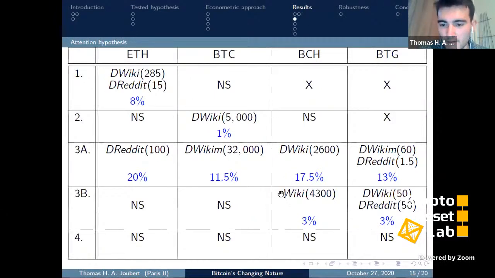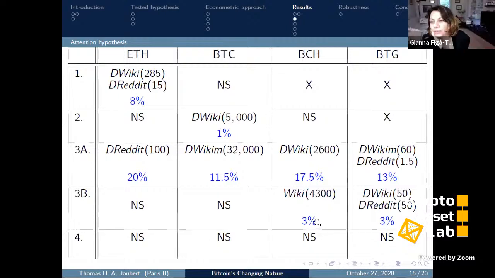So, I try to make it clear. You have in parentheses the number of views that are required to justify a 1% change in price of, for instance, Bitcoin Cash during period 3B. And the number of views of the Wikipedia page explains 3% of the variation of price.